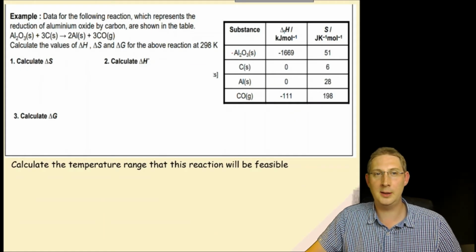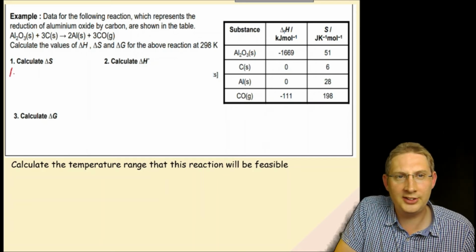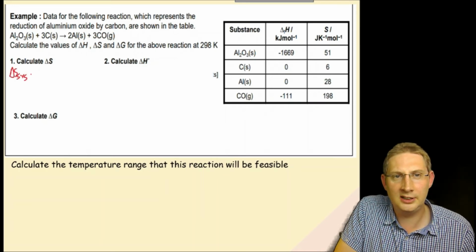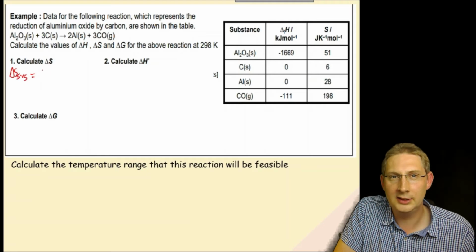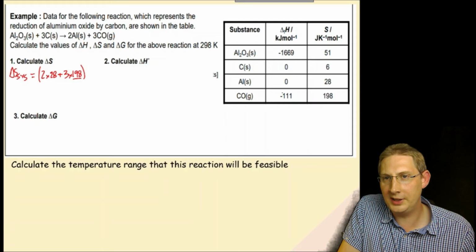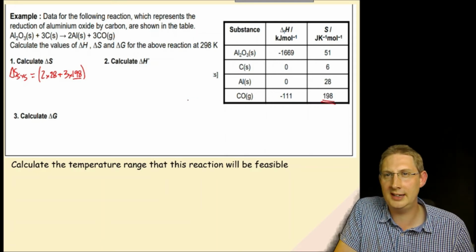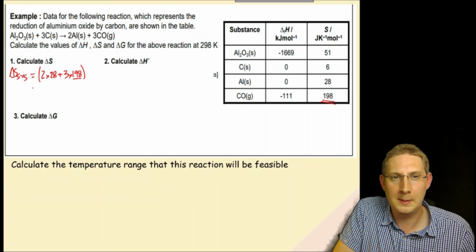So let's do an example here. Calculate deltaS. Well, deltaS system is products minus reactants. So products, 2 times 28 plus 3 times 198 for the CO. And look at how big the entropy is for carbon monoxide, because it's a gas, 198 joules per Kelvin per mole.